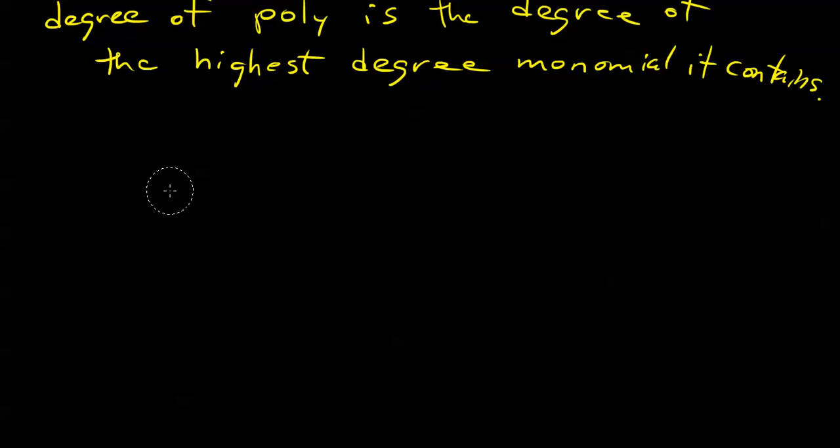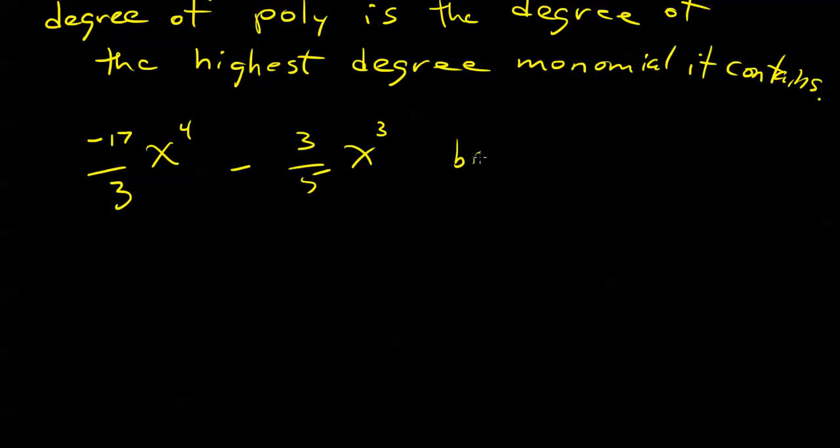Bear with me. Minus 17 thirds times x to the 4th power minus 3/5 x to the 3rd power. Alright, I call this a binomial. Why binomial? Because it's a sum or difference of two monomials.